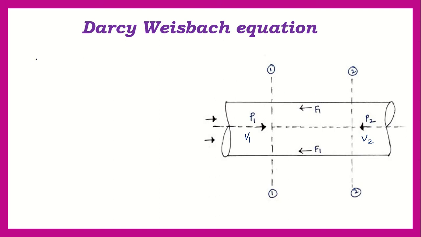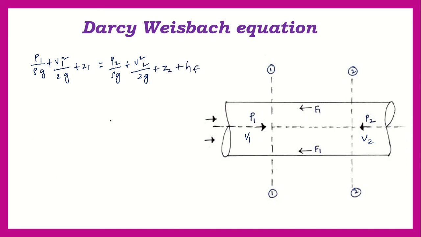When we apply Bernoulli's equation we write P1 by rho g plus V1 square by 2g plus Z1 equal to P2 by rho g plus V2 square by 2g plus Z2. This is for an ideal fluid, but this is a real fluid and there is also head loss taking place, HF.